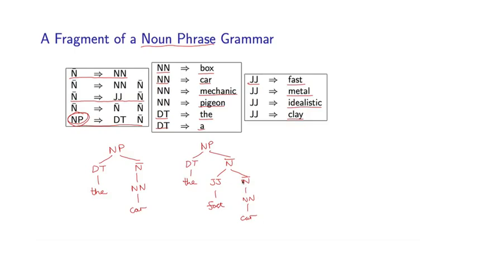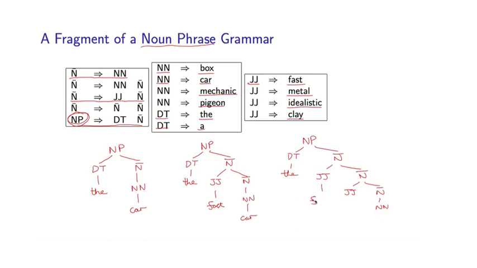Okay, we can go a step further, and it's important, we'll see how this rule, n-bar goes to JJ n-bar, is recursive in that it can be repeatedly applied. So let's give a third structure. So again, I have this rule at the top. But now I'm going to apply this adjective rule twice.